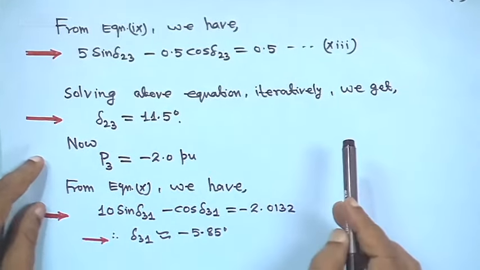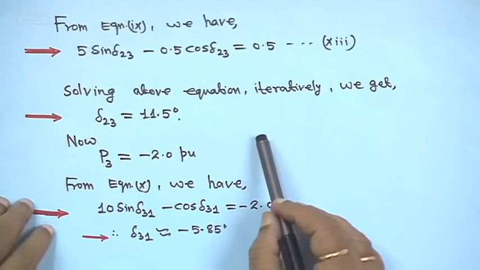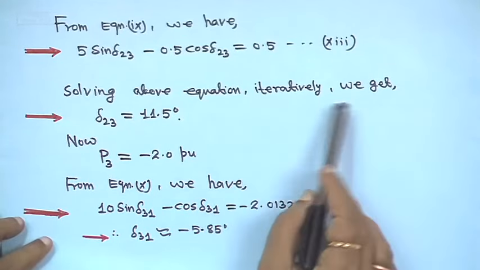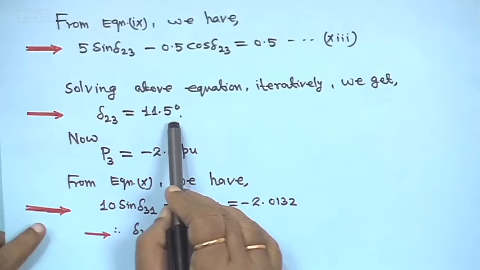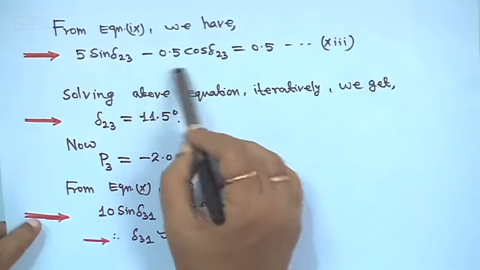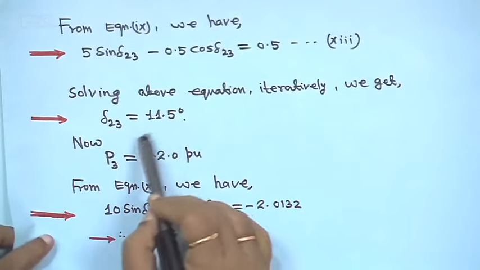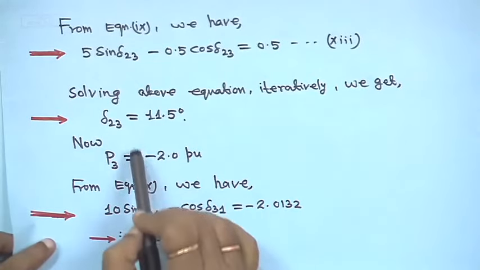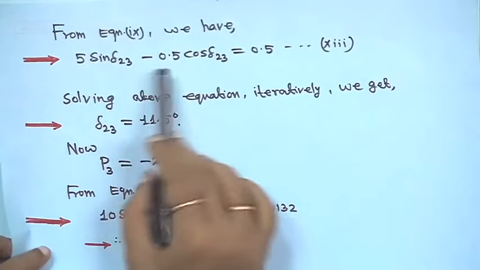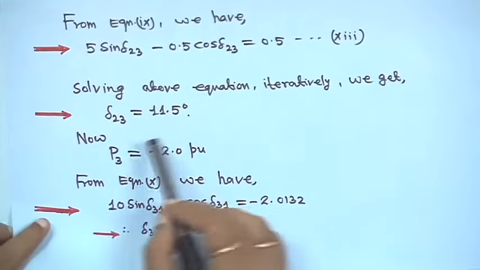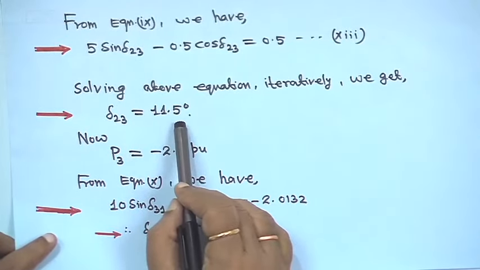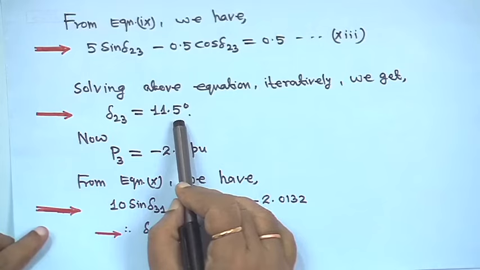This is a nonlinear equation, right. So, solving the above equation iteratively, we get delta 23 as 11.5 degree. Actually, I have made some trial and error, right. And from your intuition you choose some value such that this equation is satisfied, left hand side and right hand side. So, delta 23 is approximately 11.5 degree, I have got, right.